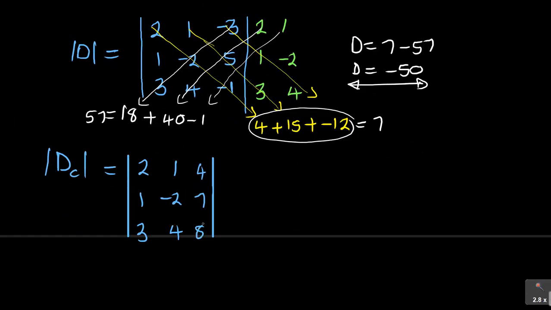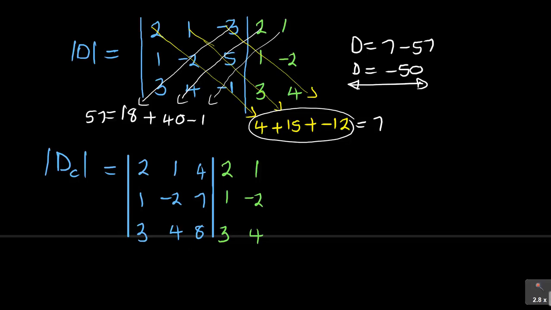So after the equal sign, that is what is replacing C. When I've done that, I repeat the first two columns here, which is 2, 1, 3, 1, minus 2 and 4.